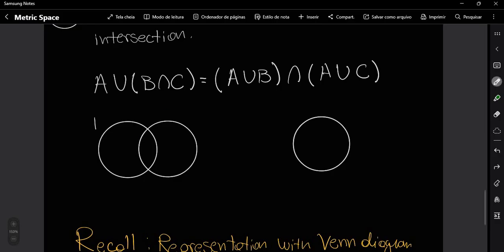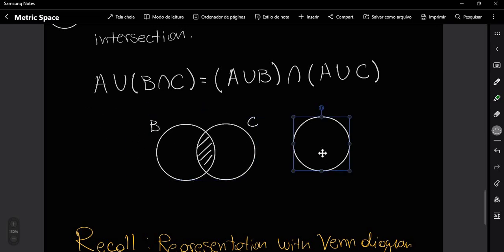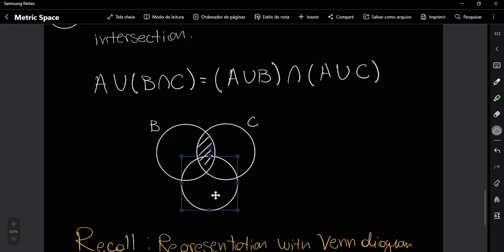So the set B and the set C in an intersection. Okay, so that was easy. And what is left is the set A. So the set A is in a union with the intersection between the sets B and C.